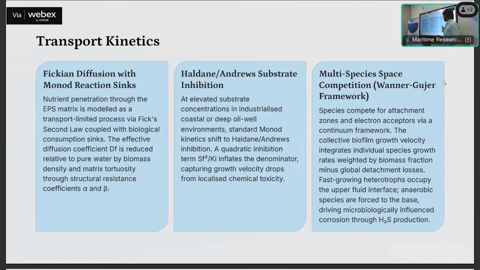And another thing is biofouling is not a static process. It's very dynamic. Oftentimes species compete for space, and that can result in changes in growth rates.